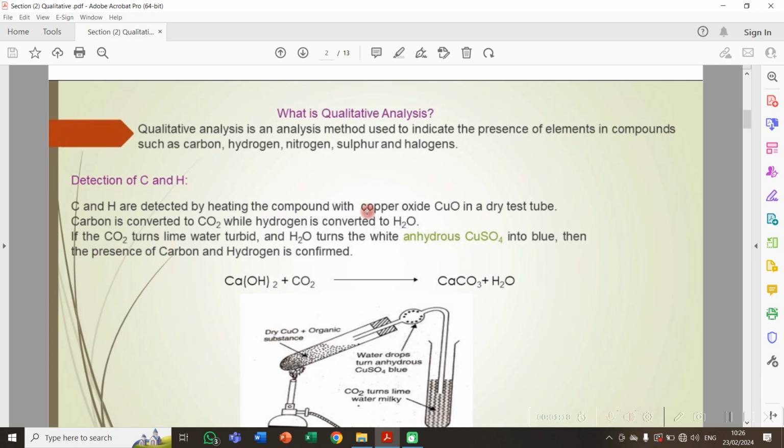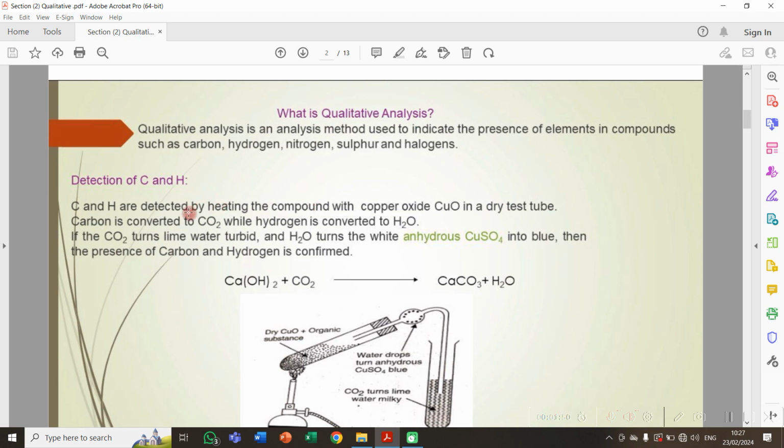Copper oxide is an oxidizing agent, so all the carbon in my organic compound will be converted to carbon dioxide, and all the hydrogens will be converted to water. In order to identify this reaction in the laboratory, we must do something observable.